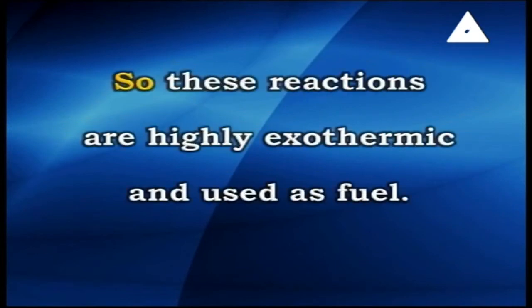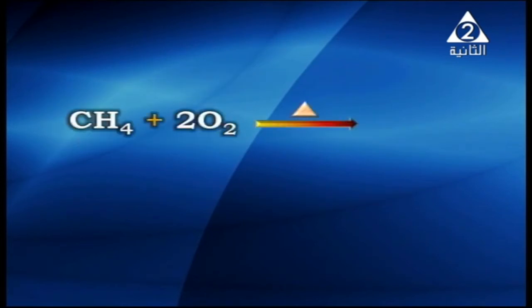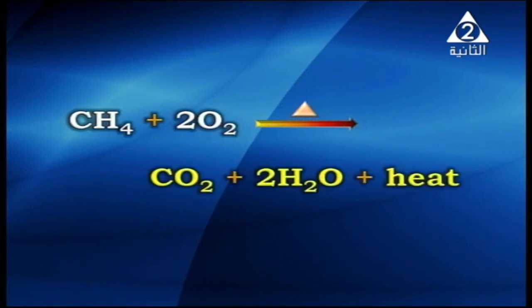So, my dear student, these reactions are highly exothermic and used as fuel. As shown on the screen, the equation of combustion of methane: CH4 plus 2O2 gives CO2 plus 2H2O plus a large amount of heat.